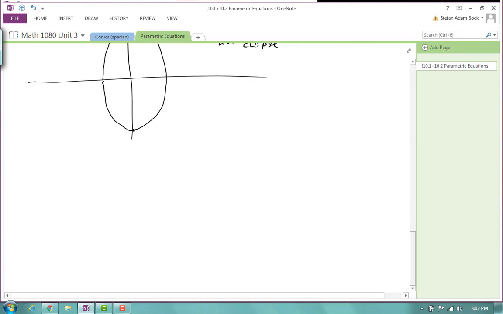But how can I verify that it's an ellipse? Well, ellipses must satisfy x squared over a squared plus y squared over b squared equal to 1 for some a and b. So what kind of appropriate choices can I make?